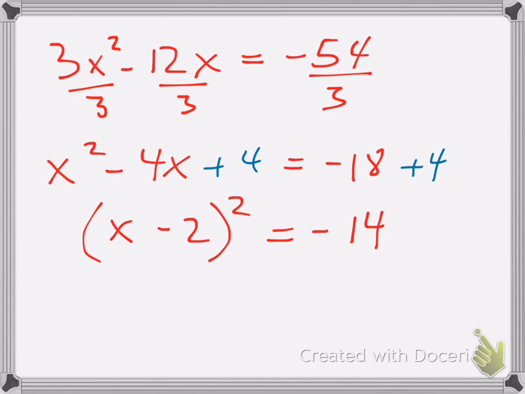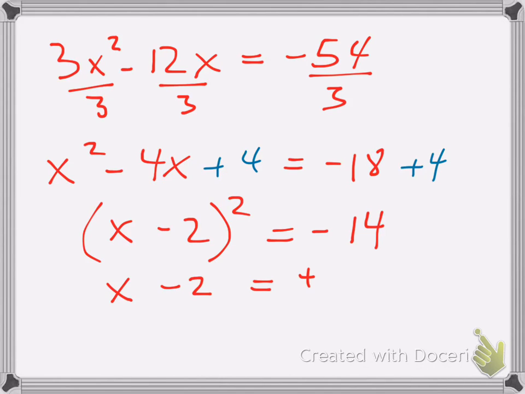Now let me ask you, is that going to have a real solution? Can you square something and get a negative value if it's a real number? So at this point, in this course we're in the real numbers. We're not dealing with imaginary numbers. But these two solutions are both imaginary. We would have to invoke the square root property.